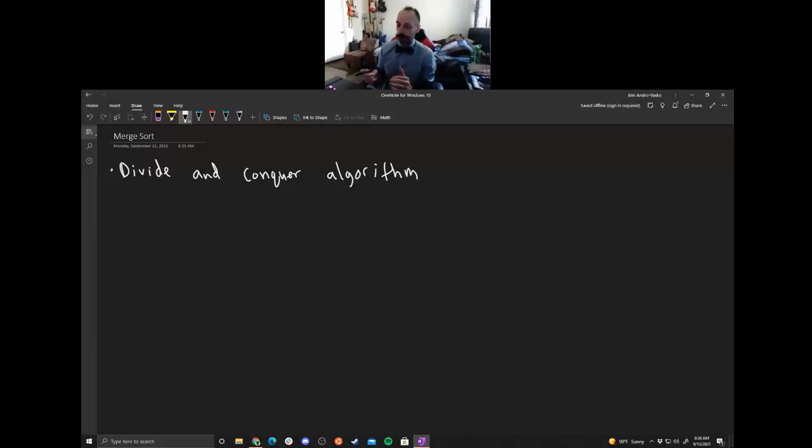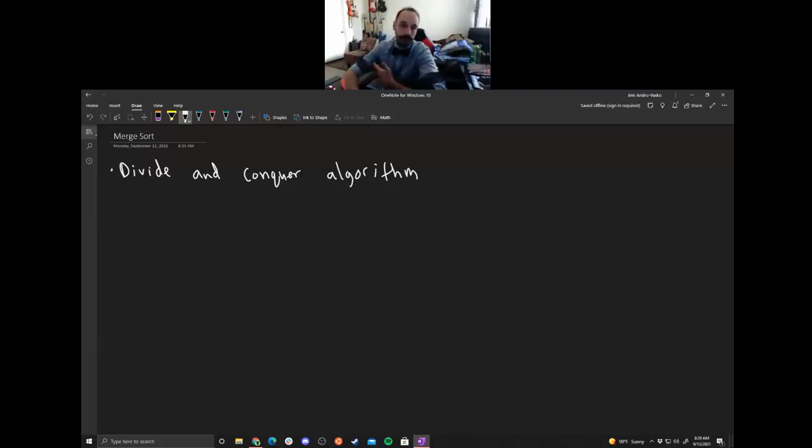So if the transmission gets there first, and then the engine, and then the fuel injector, it's okay. As long as they all get there, we can assemble it at the very end. That's divide and conquer. So let's go ahead and apply this paradigm onto merge sort.